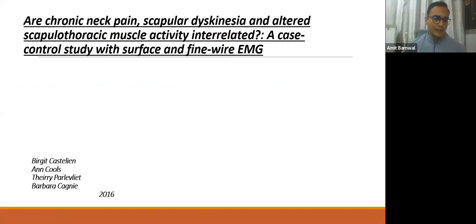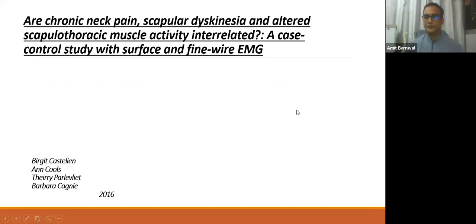There was another article put up by Castellin and Co. in 2016: are chronic neck pain, scapular dyskinesia, and altered scapulothoracic muscle activity interrelated? They made a controlled study with surface and fine wire EMG.